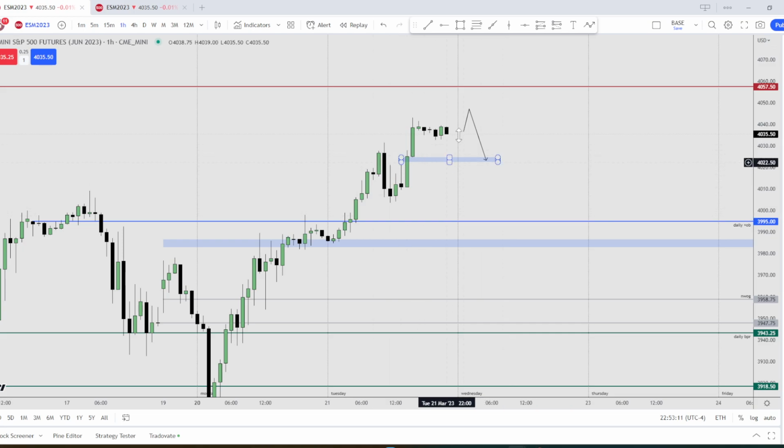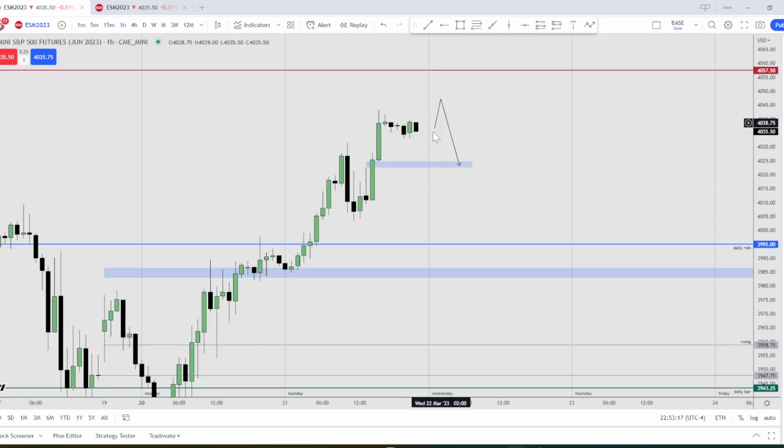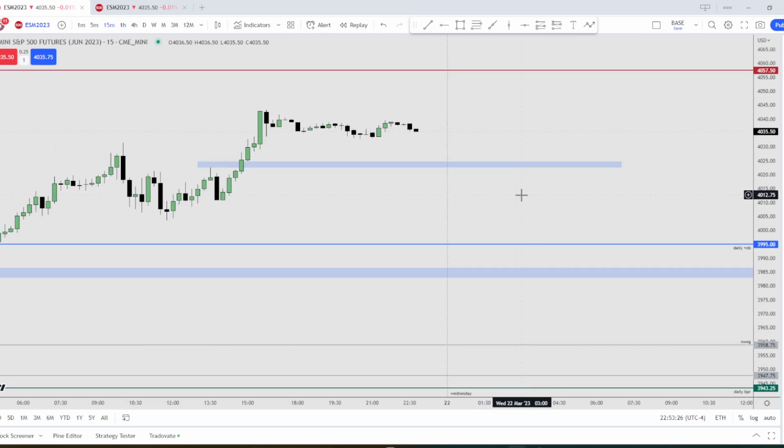I'm looking at this as a possible trade, right? But it's gonna be a short-term trade. Okay, if price can take out this high here during London session. Okay, heading down into 15 minutes.